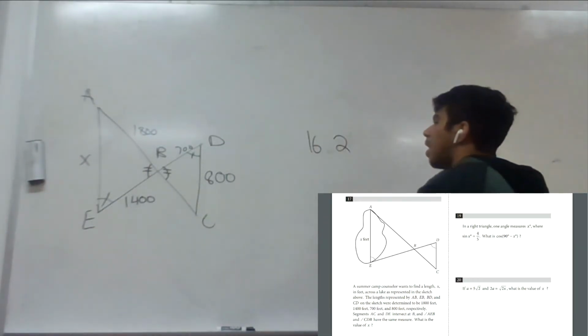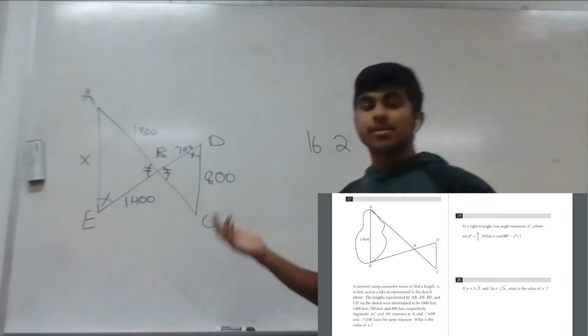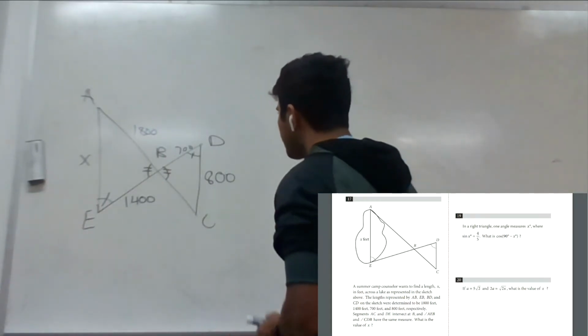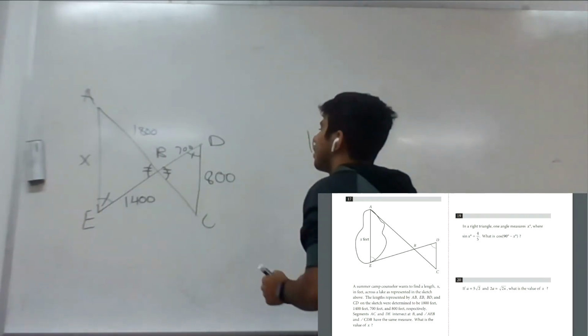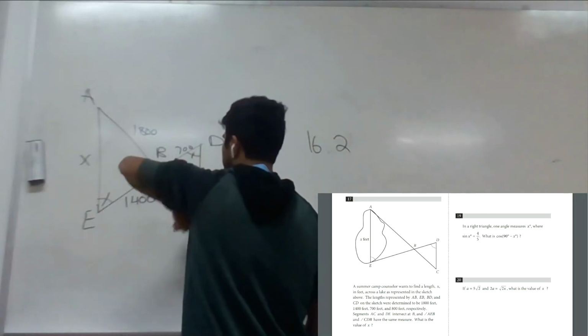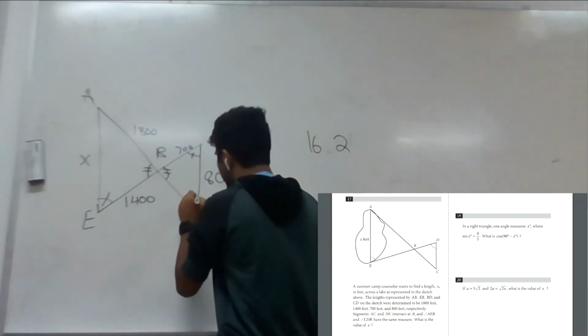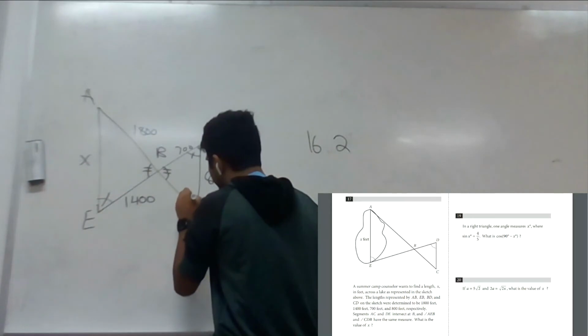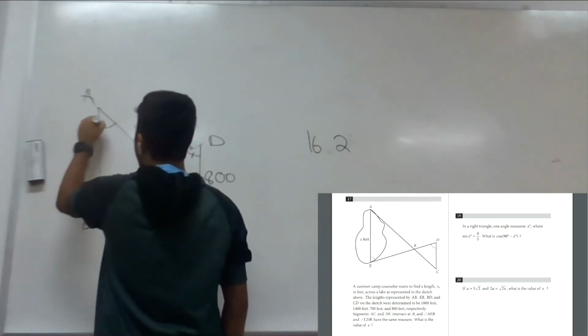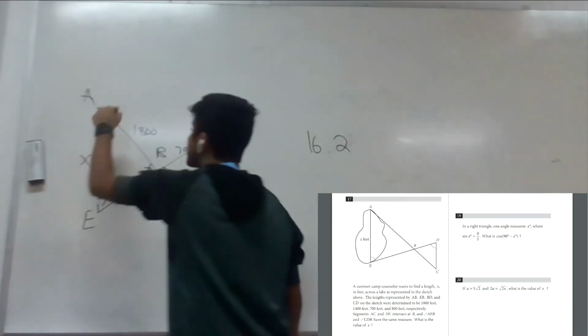Okay, so how do we actually go about finding x in this situation? Like we said, we can flip this around. It's very useful to label all the angles, because now we can label the sides like this.